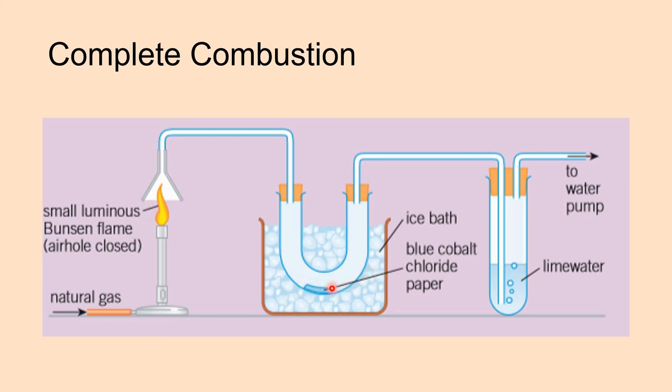So here our blue cobalt chloride paper will turn pink if water is present. So the ice bath allows the water vapour to condense into liquid water, and then it will turn this paper pink. We can then bubble the remaining gas product through the lime water, which will allow us to test for carbon dioxide. If the test is positive, the lime water will go cloudy.